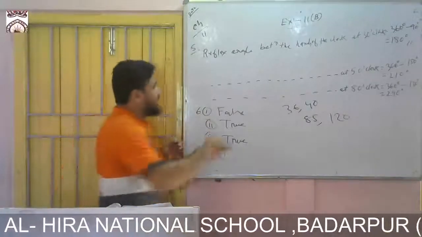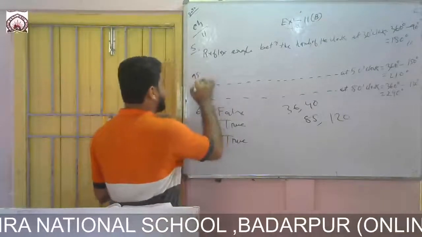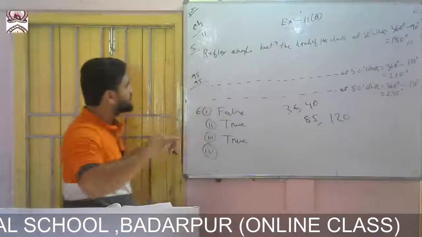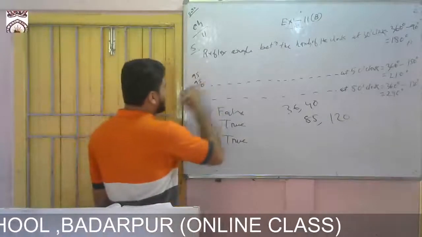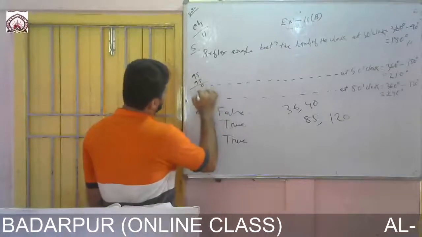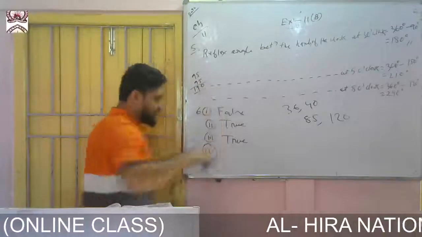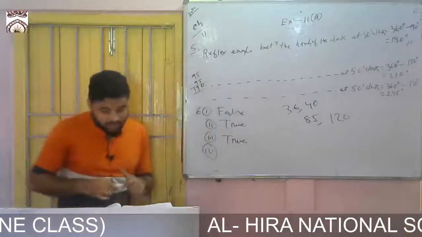Because if I take 95 and 95, the sum is 190 degrees.